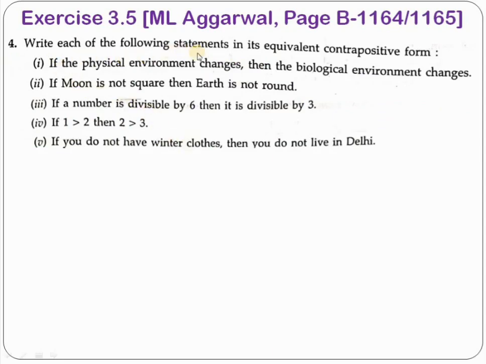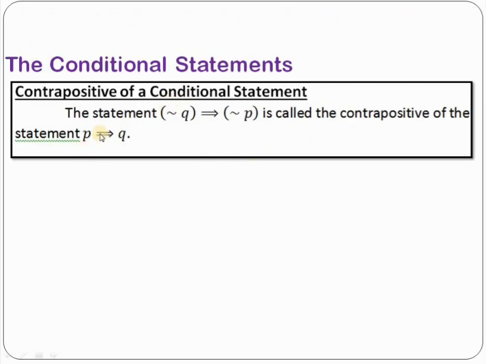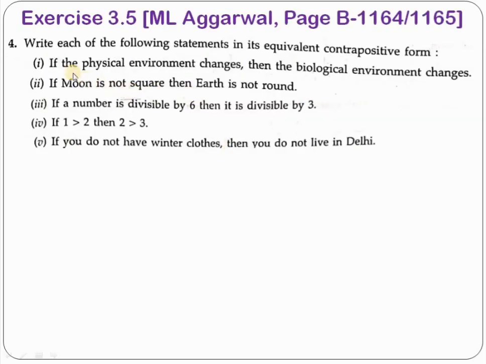Here you have to write the equivalent contrapositive form. So again, you first need to identify P and Q. So as usual, we'll identify P and Q and take the negation of those. And negation of Q comes front and negation of P goes back. So that's what you need to do.